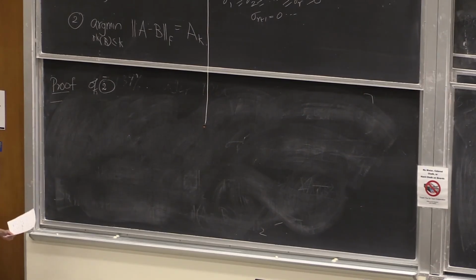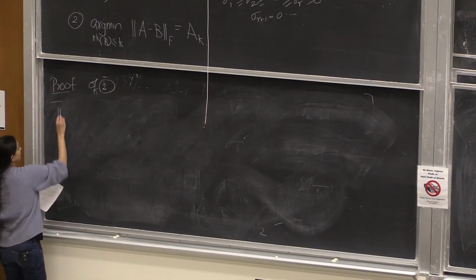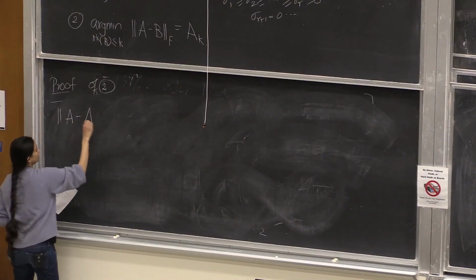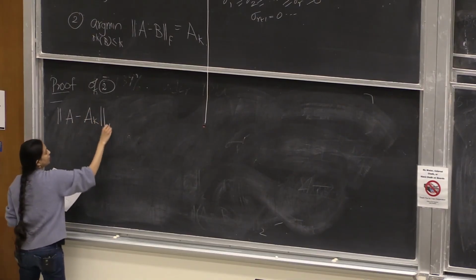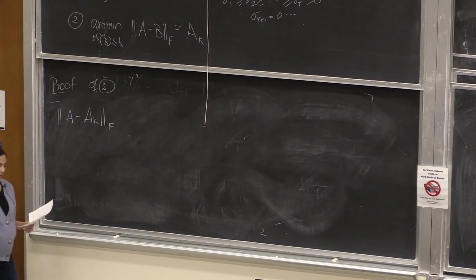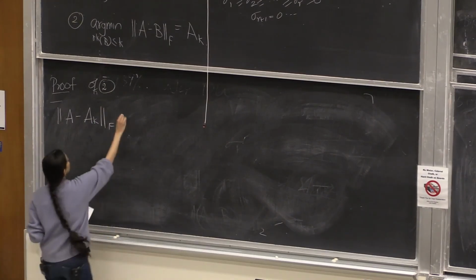So let's understand this, okay? Now we want to consider the Frobenius norm, part 2, and we want to say that the argmin of this is given by A_k as well. So let's do the same thing we did last time, which is first consider what is the Frobenius norm of A minus A_k, right?